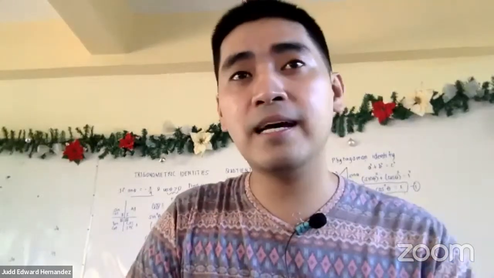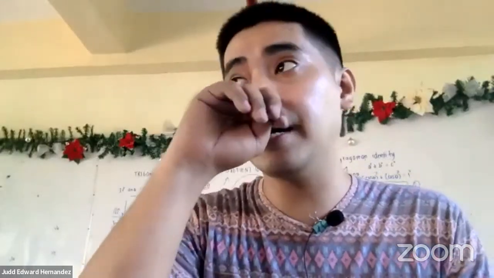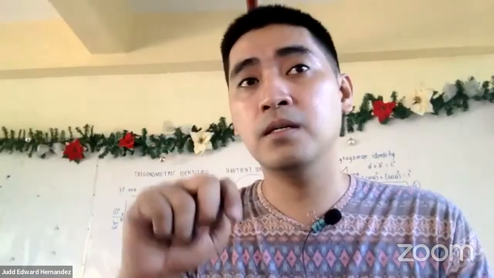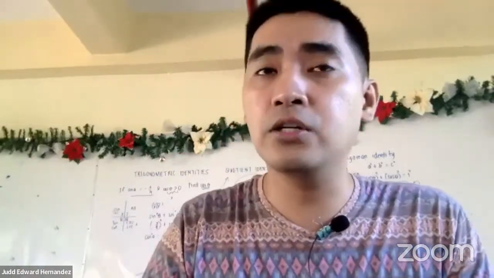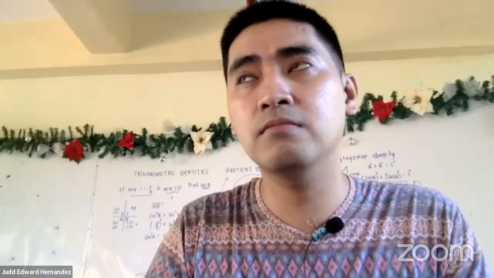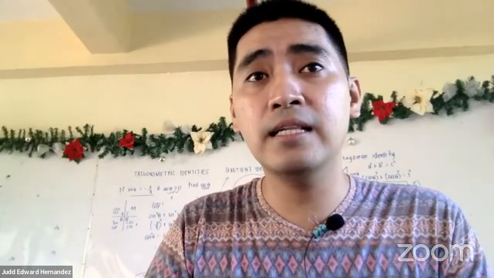May kaduktong pa kasi siya sana, pero i-discuss ko na lang siya sa Wednesday. Meron pa kasing iba pang hindi na siya fundamental identity, pero meron pang iba. Yung half angle, yung twice the angle.